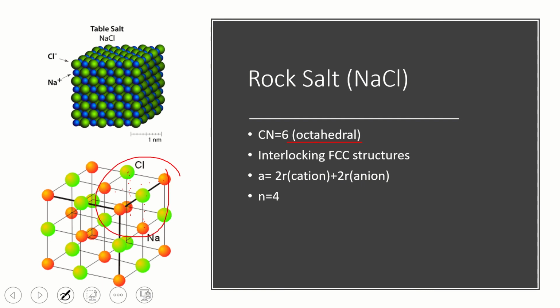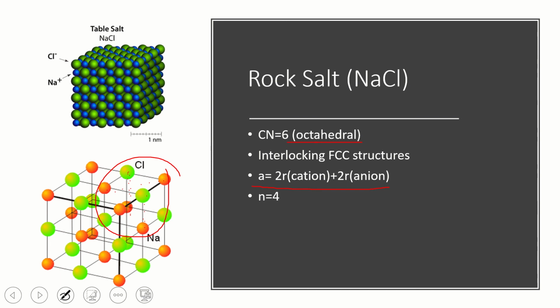It is composed of interlocking FCC structures, and because the crystal structure is composed of two types of atoms, the lattice parameter is much more complex than the lattice parameter of metal crystal structures.